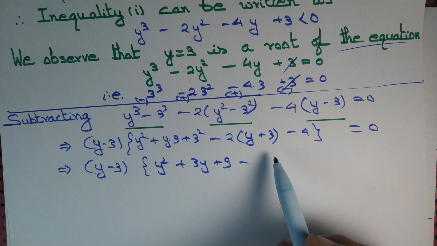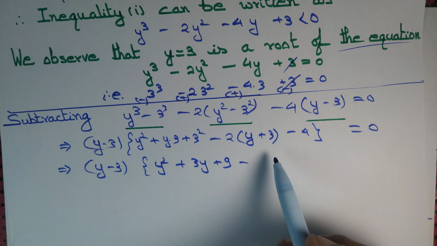Inequality 1 can be written as, we simply replace mod x by y: y cube minus 2 times y square, since mod of x square is equal to mod of x whole thing square, minus 4 times y plus 3 is less than 0. So we want to solve this inequality. Of course, y equal to mod x has to be greater than or equal to 0.